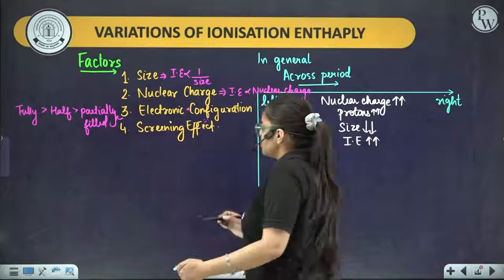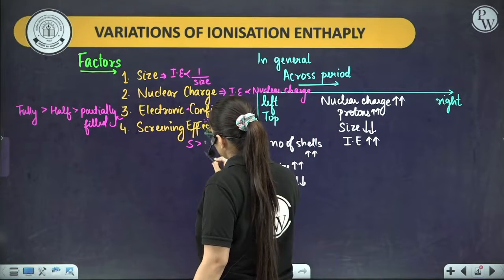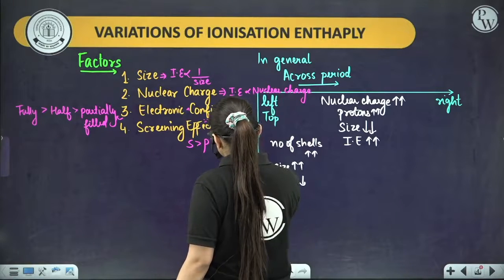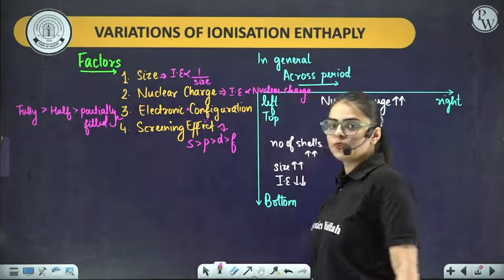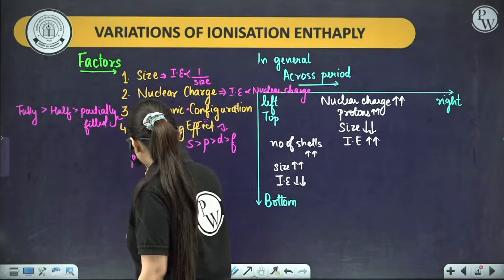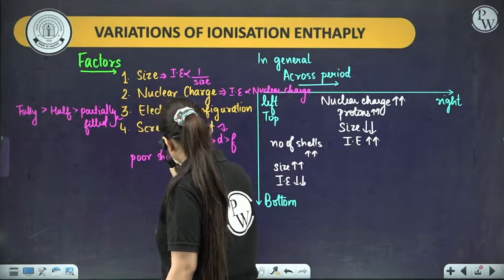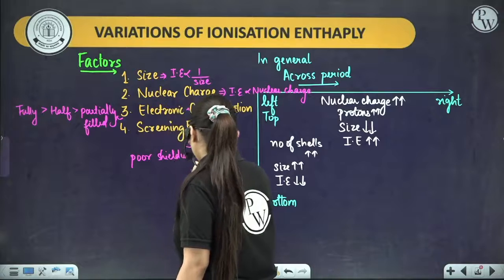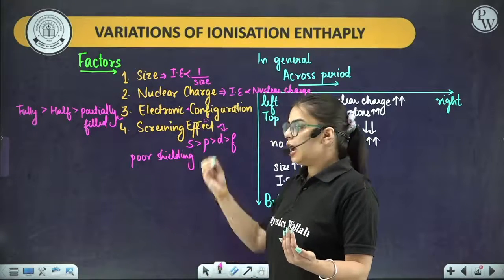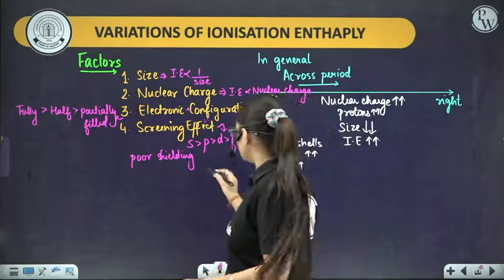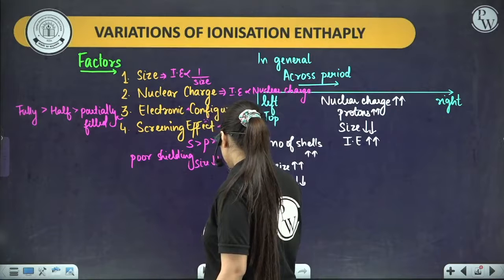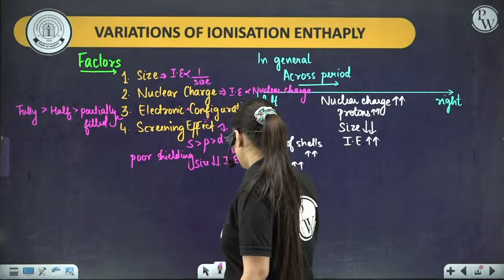And if I talk about the screening effect, S has the highest, then P, then D, then F. Clear, students? And one more thing, do remember, if it is poor shielding, that means inner electrons cannot protect the outermost electron from coming inside. That means the outermost will come inside, size will decrease, and ionization energy will increase.